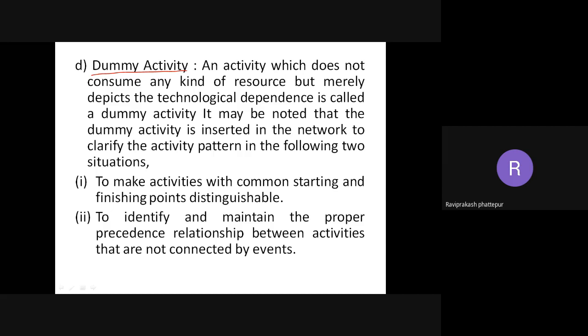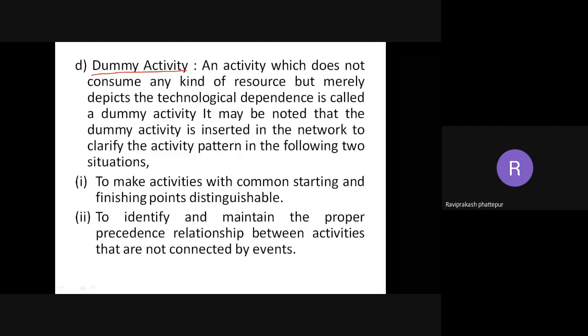As I just told you, to better understand the precedence, and also because there could at times be complex interrelations, to reduce complexity as much as possible we use this dummy activity. It is inserted in the following two situations. What are those two situations?